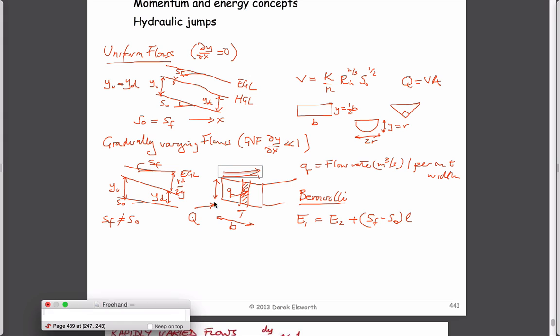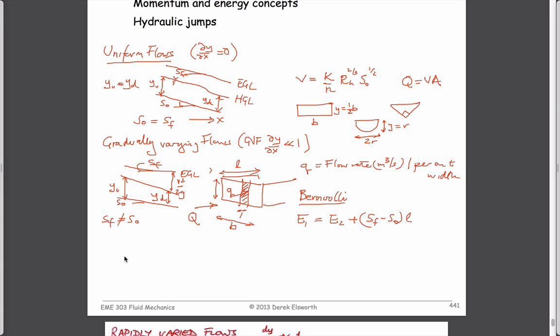This is the downstream length as you go along the channel. So I guess length would be this length.